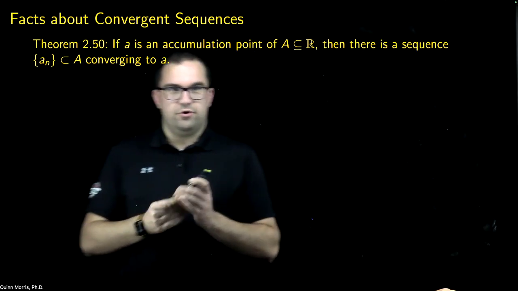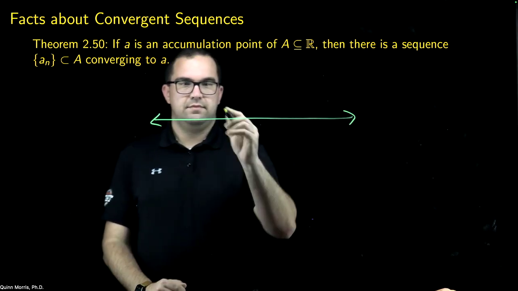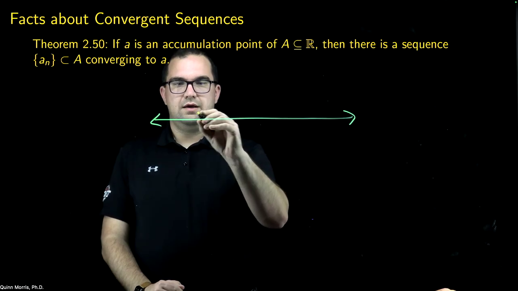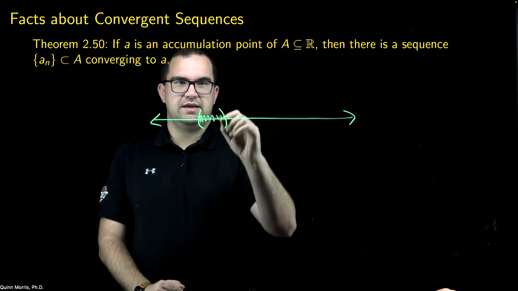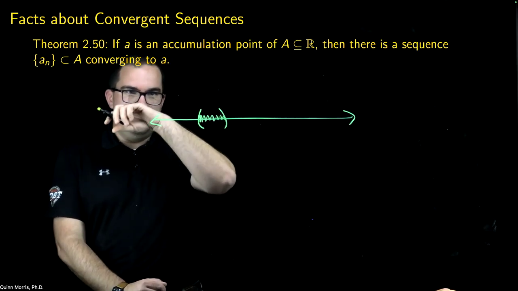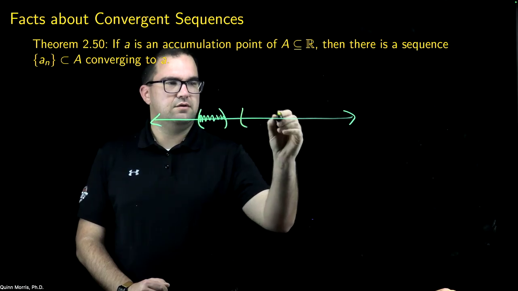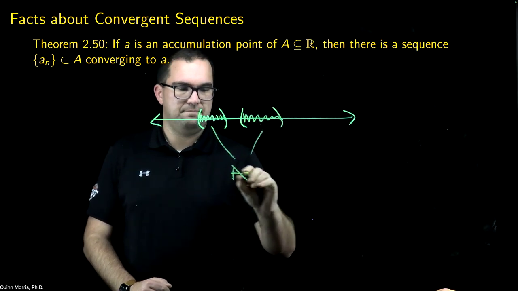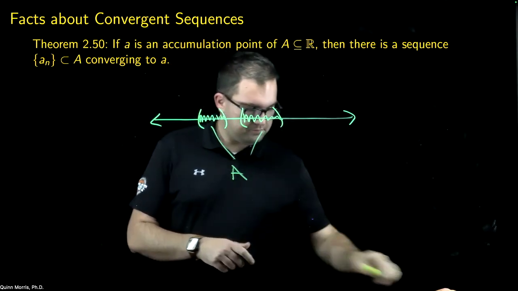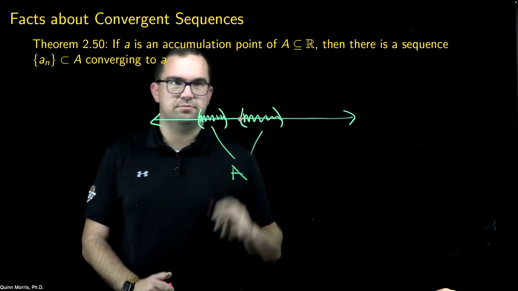So I have some set A, and maybe the easiest way to think of this is just as some open interval. Maybe I'll make it even a union of open intervals. So maybe here, this is our set A, and this point here in pink is an accumulation point.